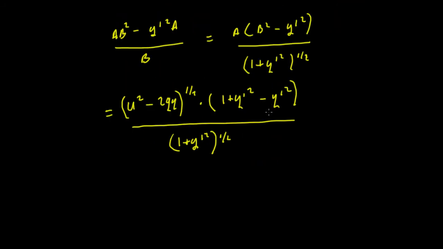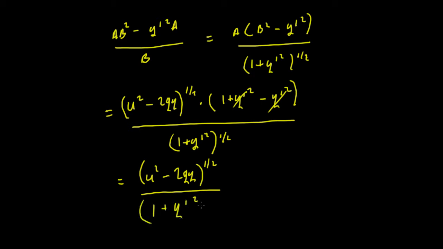Okay, so we cancel that with that, so we just end up with our final equation there, which is u squared minus 2gy to the power of a half all upon 1 plus y derivative squared all to the power of a half.